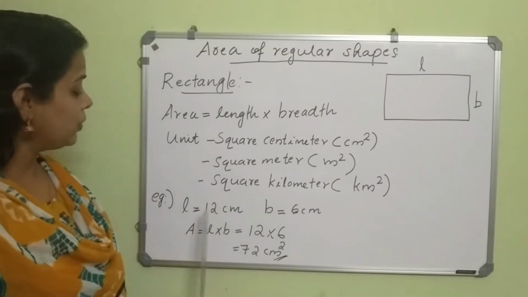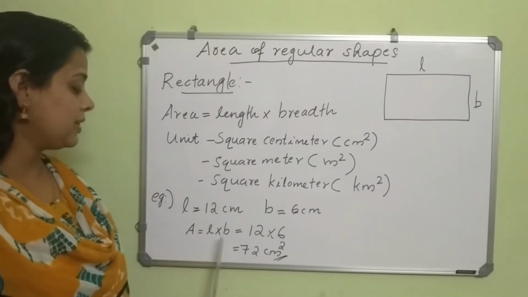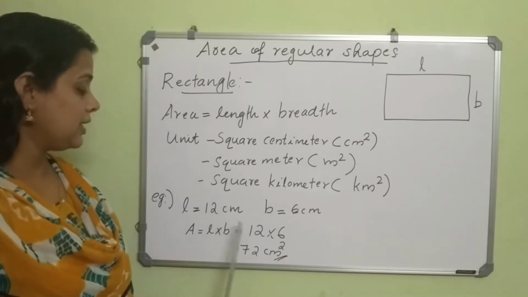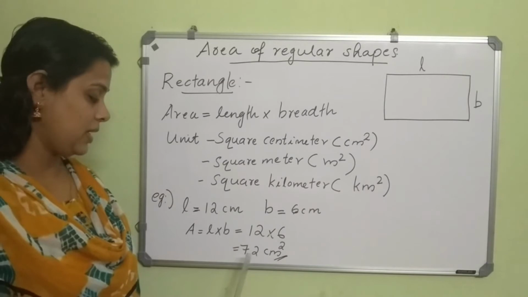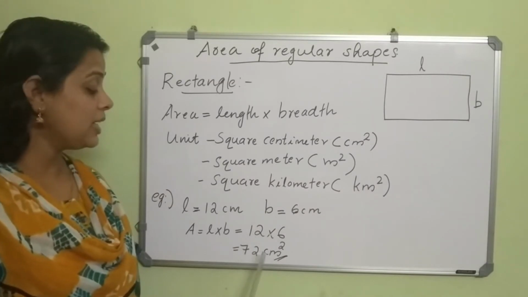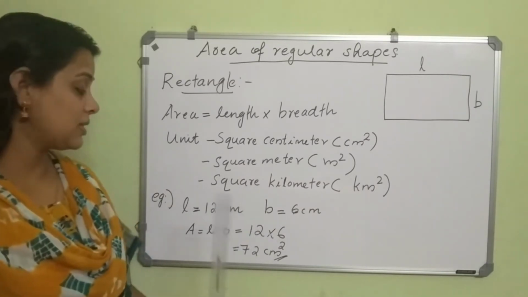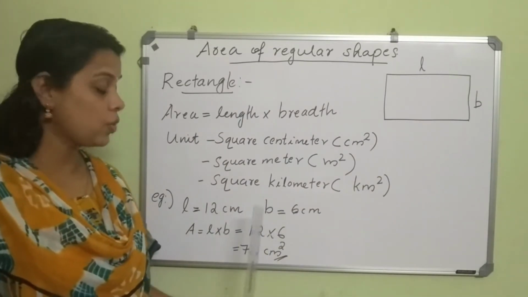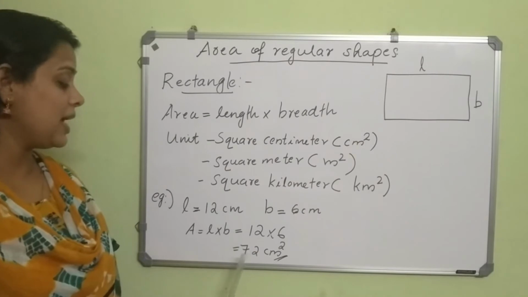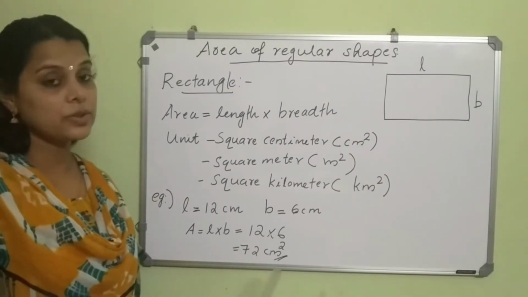How to find area? Area is length into breadth. Here length is 12 and breadth is 6. 12 into 6 is 72 centimeter square, because the length and breadth are given in centimeter. So we need to express the area in centimeter square.